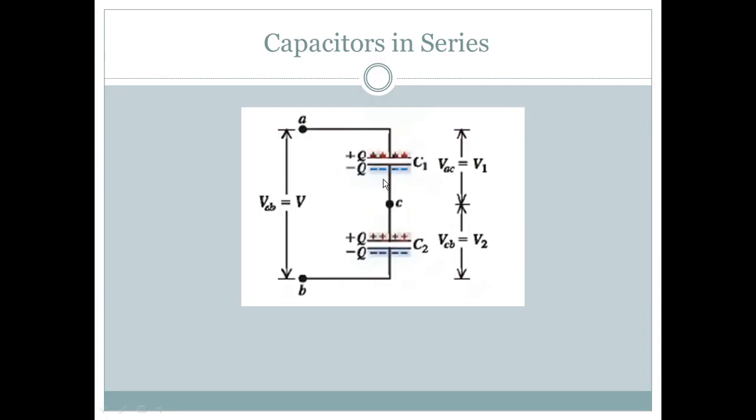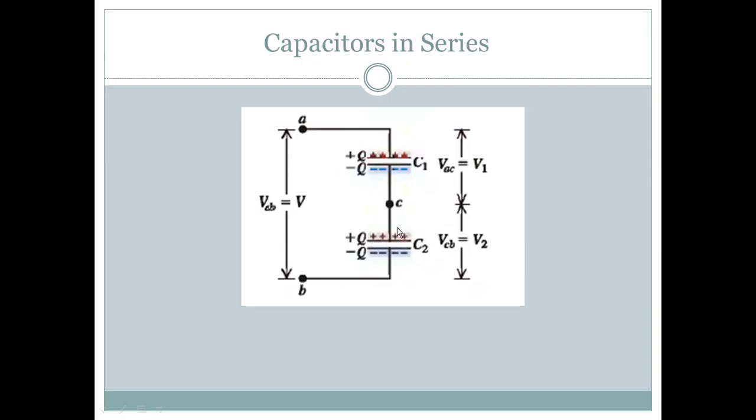Now, once these two charges are established on the upper plate and on the lower plate, this process of induction continues up to the second capacitor. Since the upper plate repels the protons on the lower plate, these protons would accumulate at the other end of the plate of the second capacitor.